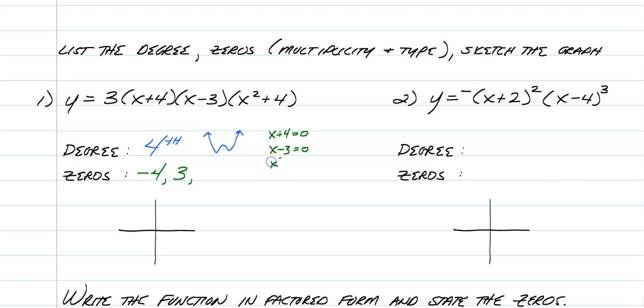And then if we set x squared + 4 equal to 0, you would have x squared equals negative 4. And do not forget, when you are solving by square roots, this becomes x equals plus or minus 2i.